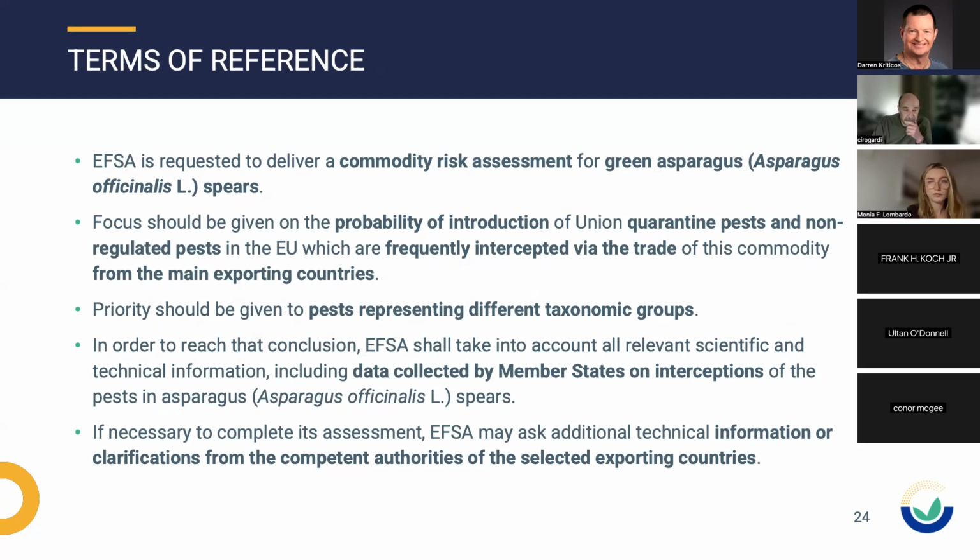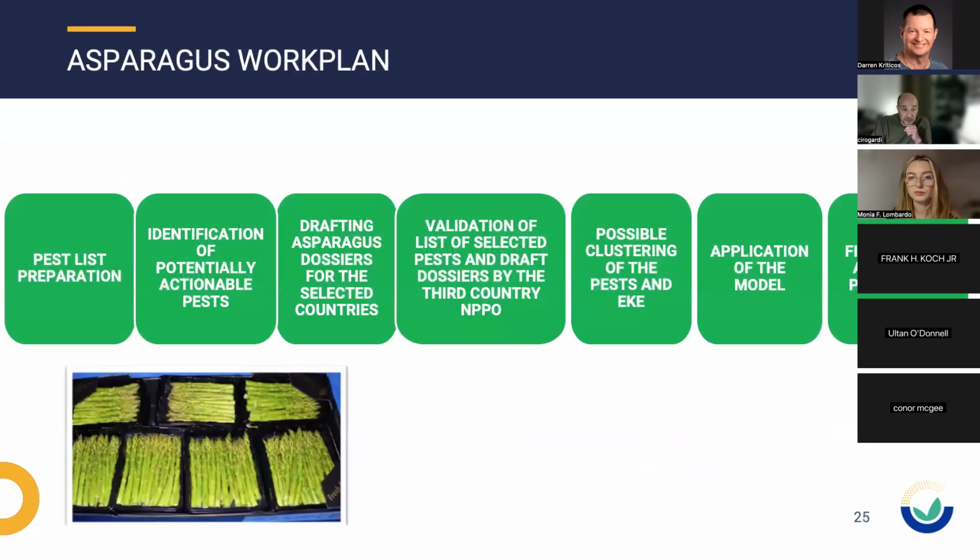And then the priority should be given to pests representing different taxonomic groups. This is the process that is normally adopted when we do commodity risk assessment.